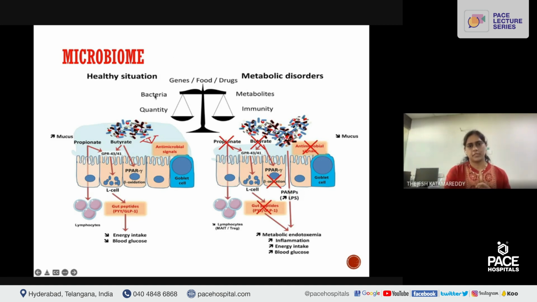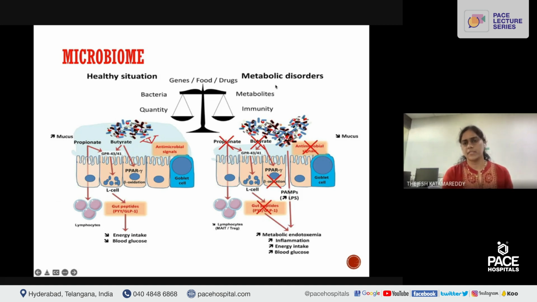In a healthy gut, the healthy bacteria present in the gut convert the undigested carbohydrate to short chain fatty acids, propionate and butyrate, which are healthy for the gut epithelium, and these indirectly stimulate the L cell, a neuroendocrine cell present in the gut, whose released hormones help in connection with the brain directly.